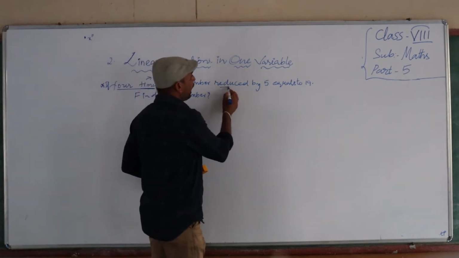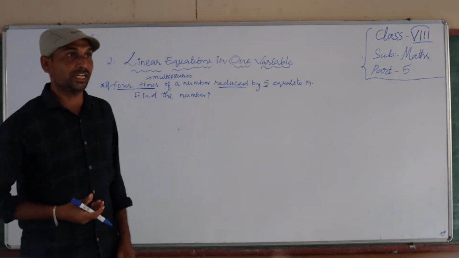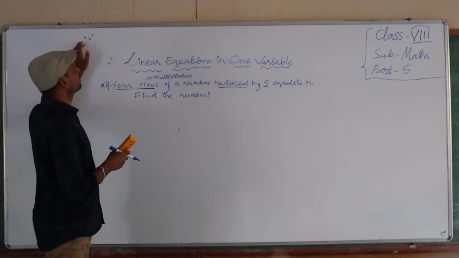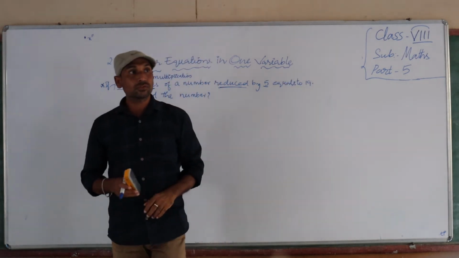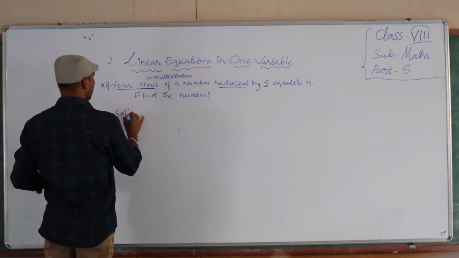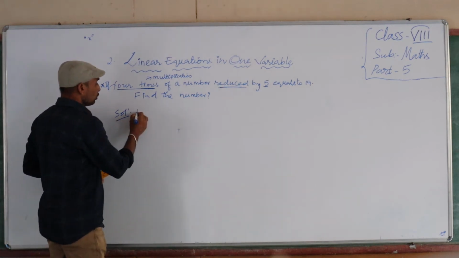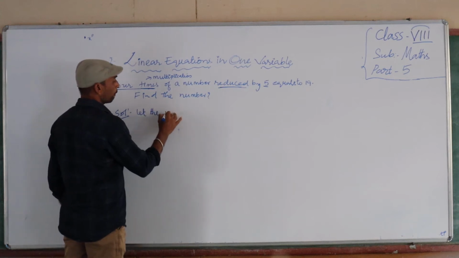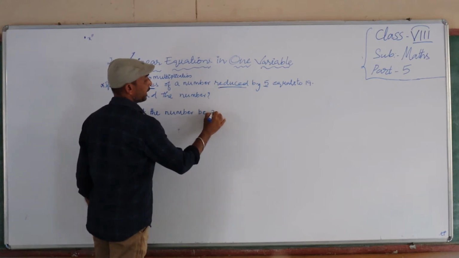And reduced by 5. Reduced means a subtraction. We have to subtract 5 from the 4 times of a number. That gives 19. So what is the number? So first we have to make the equation. To make the equation, first we take: let the number be x.